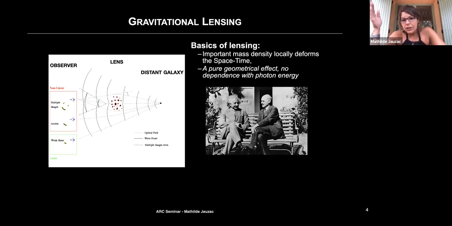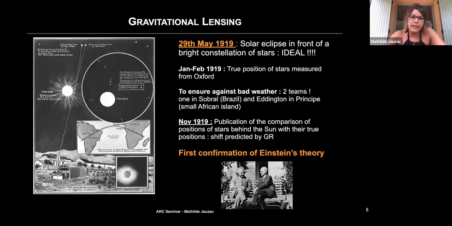And it's purely geometrical, has no dependence with the photon energy, but this was just a hypothesis back then. And Eddington in 1919 was actually the first one to confirm the lensing hypothesis, and that was also the first observational confirmation of GR. So here is a quick history reminder.